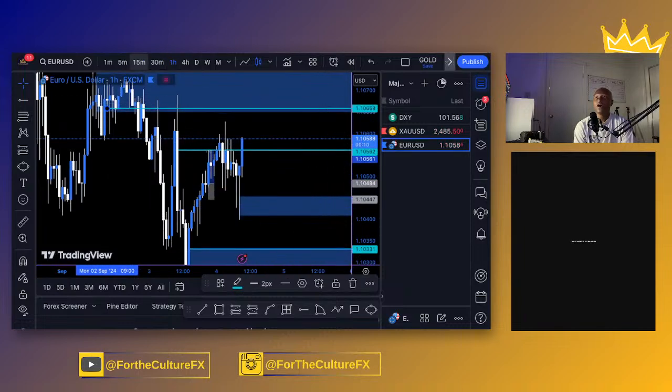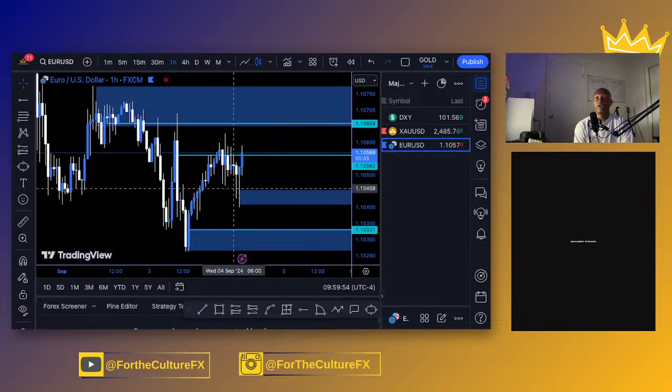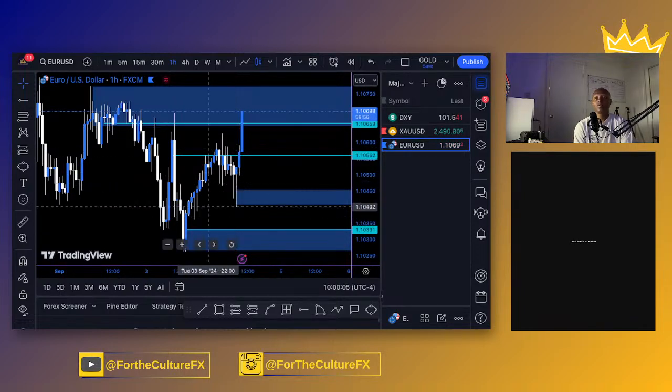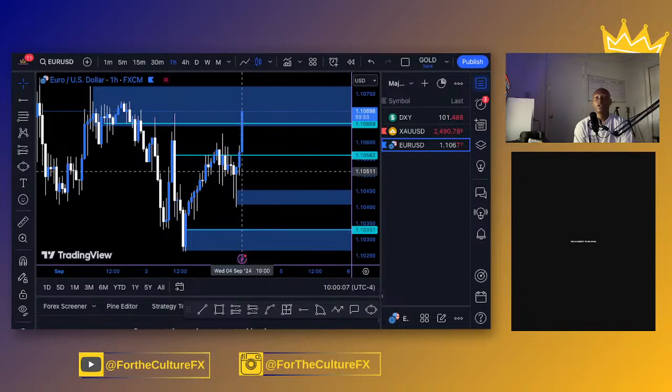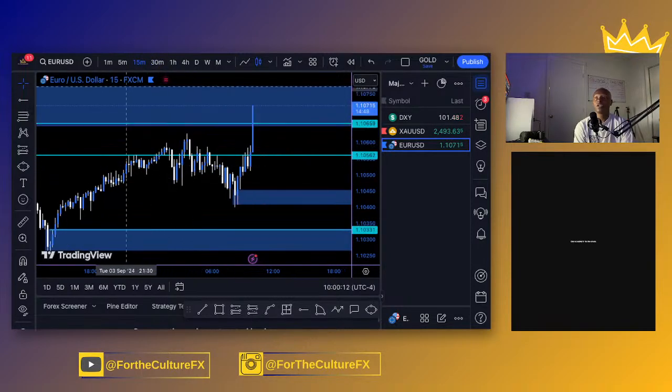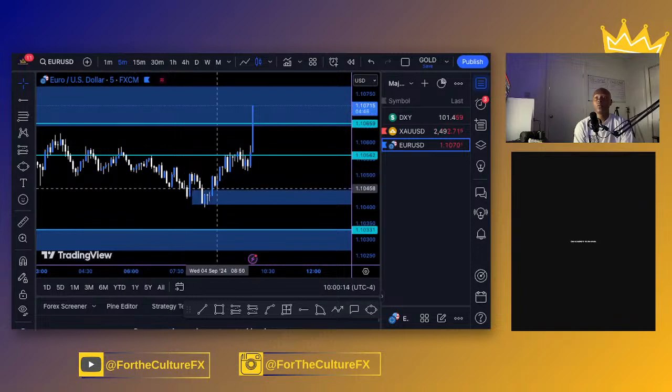And where I should have tried to get in is we have this large rejection here. This was the start of the new 4-hour. The previous 4-hour closed bullish. We already got a retest, wanting to get in within this bottom wick of this candle here on that smaller time frame, understanding where price could go.